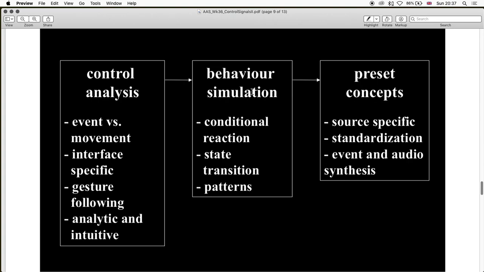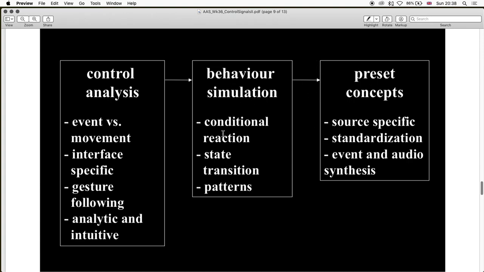And then in between is something that I would like to highlight, which is what I like to call behavior simulation. This is interesting because we're looking at things that can be interchanged, right? And that's again going a bit towards this conceptual mapping idea, because here you're dealing with a concept arising from the control, and a way of controlling the synthesis, which is also interfaced.